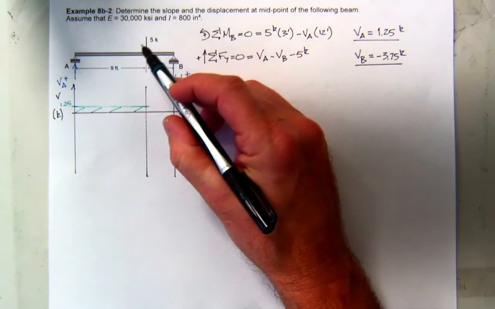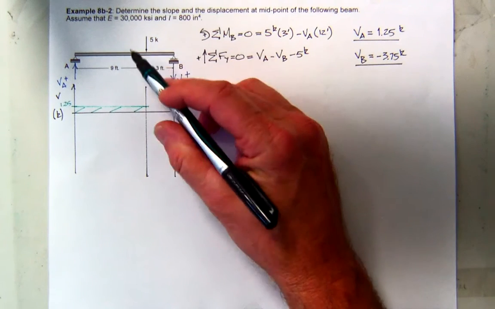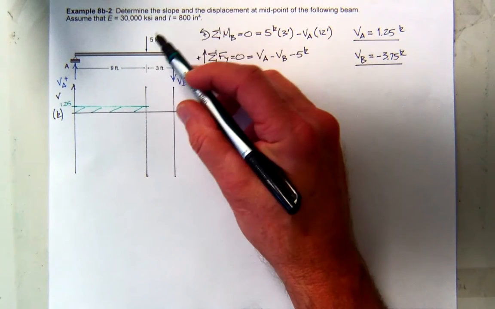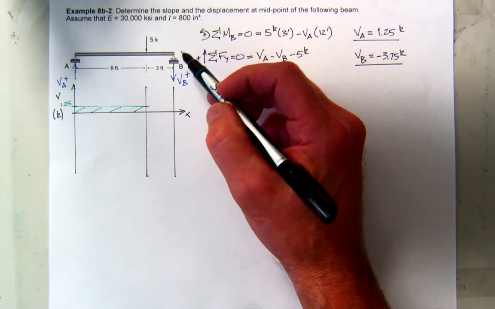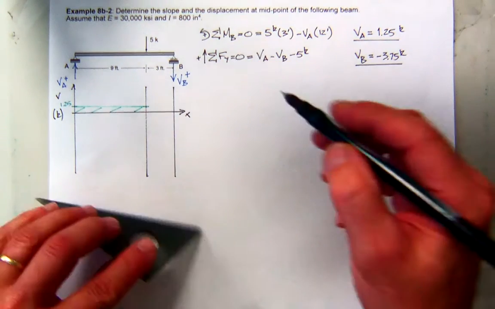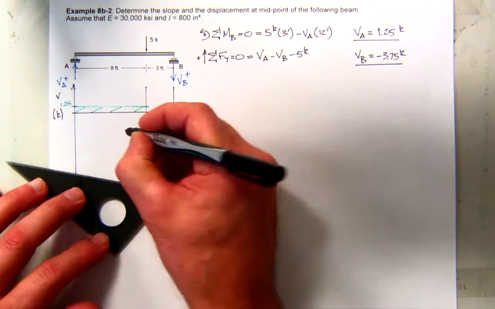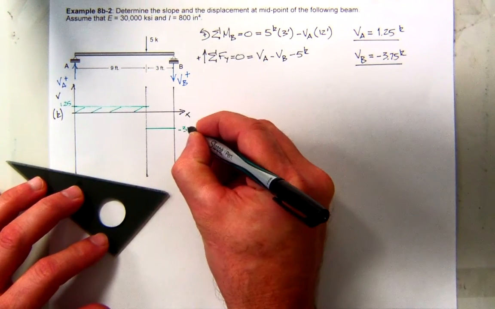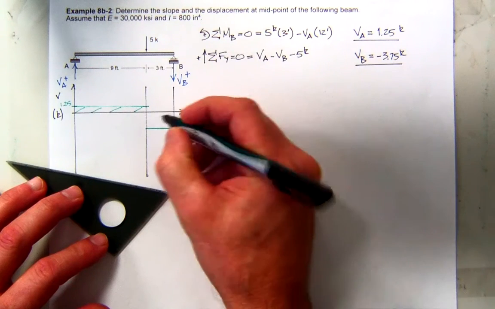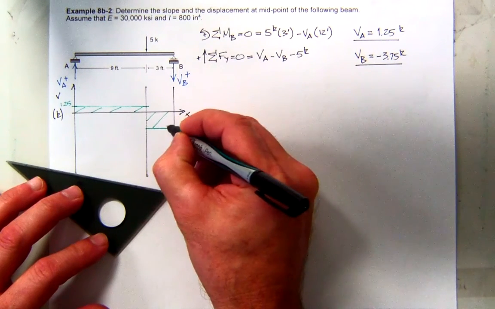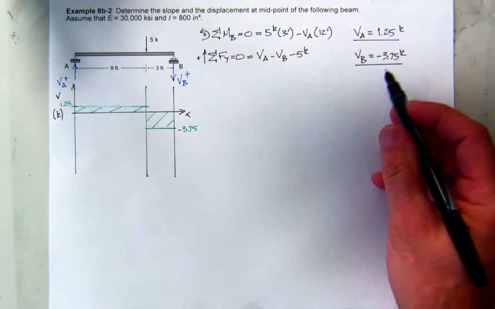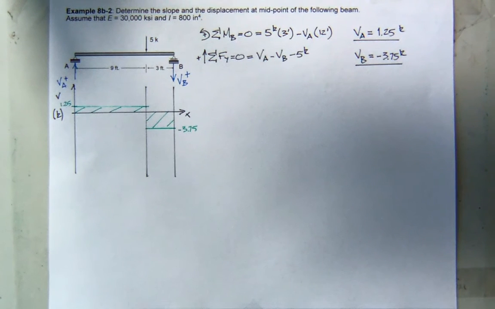And then as we go from the left side to the right side, how much does the shear change? 5 kips. And it's negative. So 1.25 minus 5, negative 3.75. I know the change is 0 because there's no load, and it matches the shear that we had calculated. So that all looks pretty good.